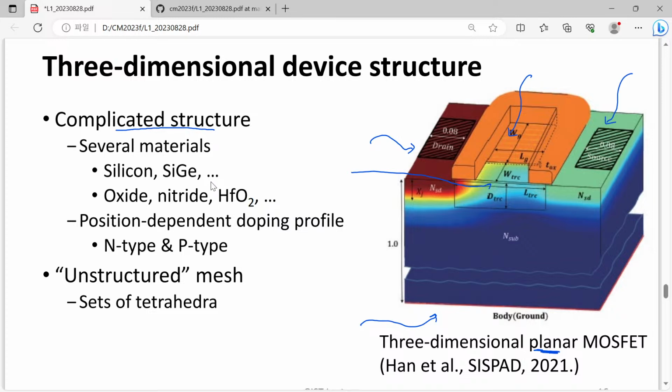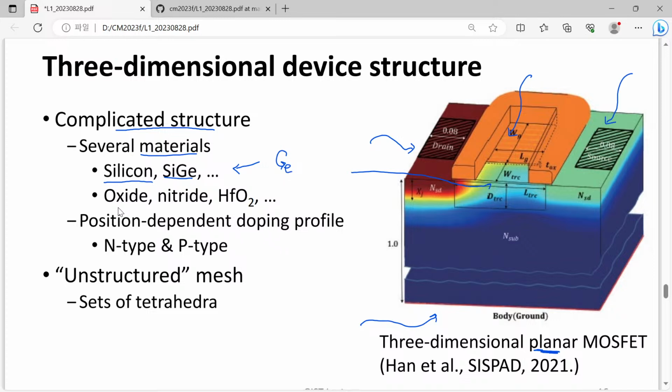It is complicated because, first of all, we have several materials. Silicon or silicon germanium alloys are used as channel materials nowadays, and we are planning to adopt other materials like pure germanium channel or III-V or even two-dimensional materials as our channel material.